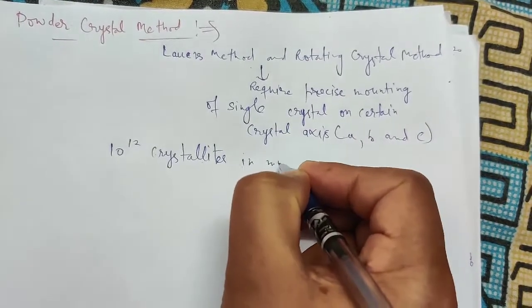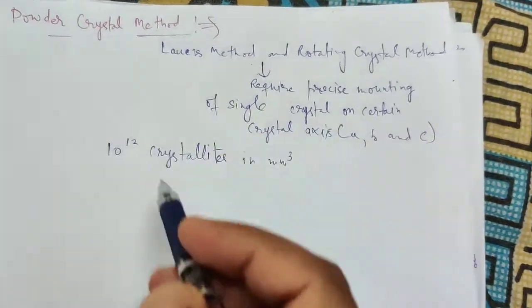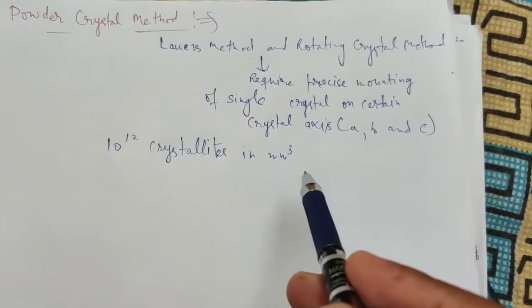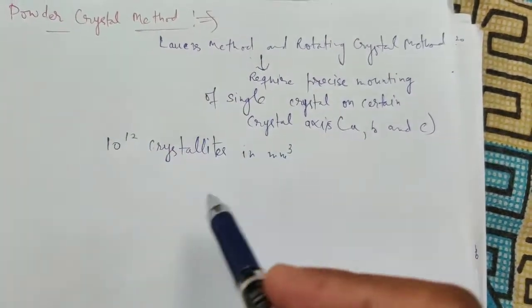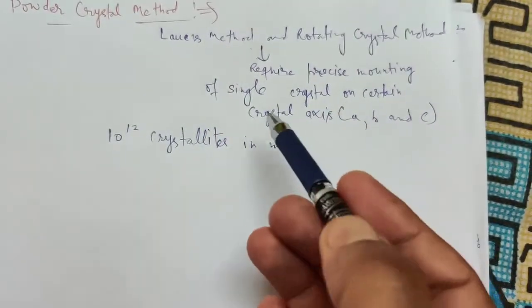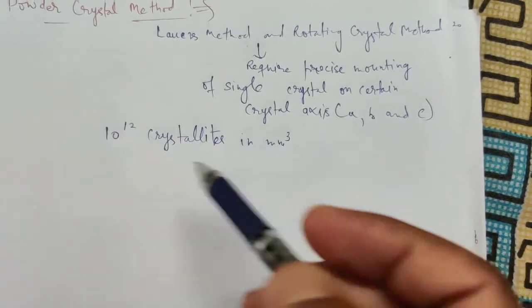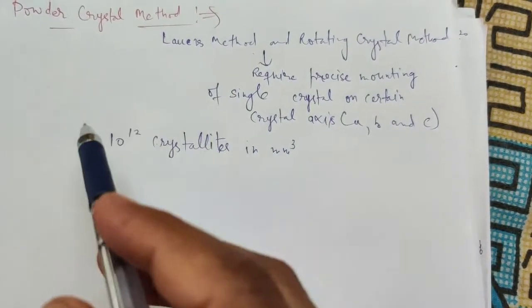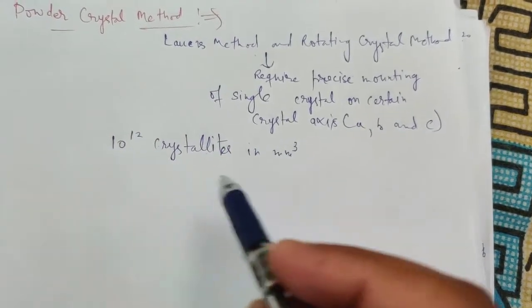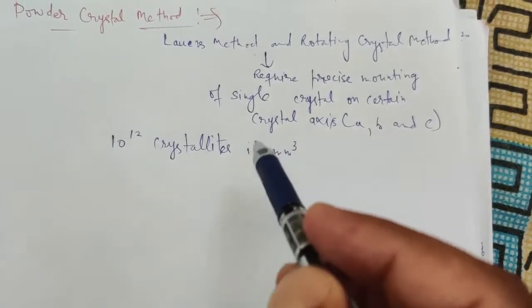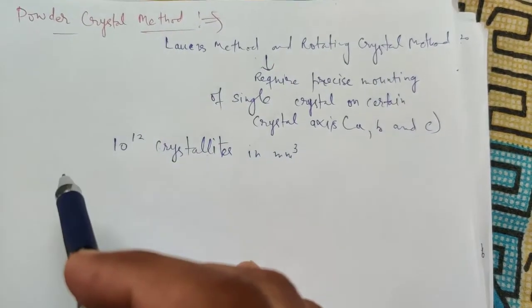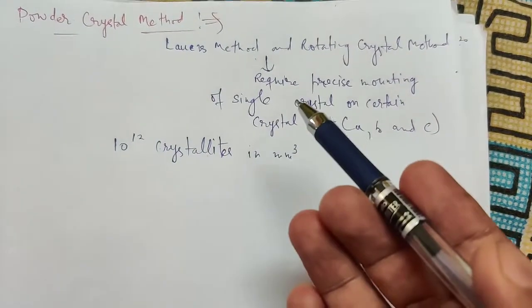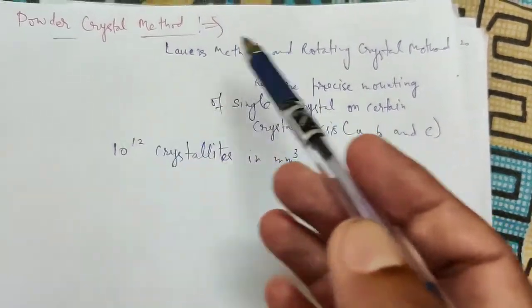So when we create this crystal in powder form, there are so many small crystals, oriented in different directions. Therefore all possible diffraction planes are available for this method.